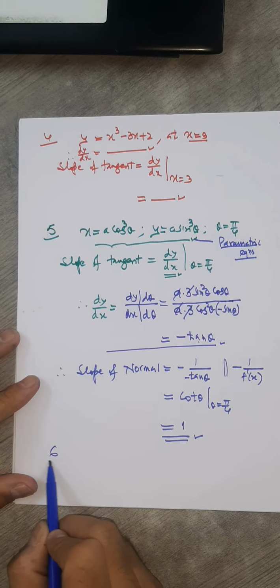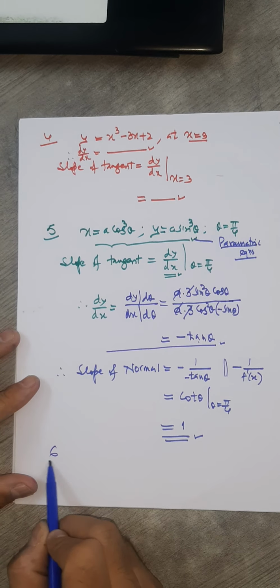Question number 7 here. Find the point at which the tangent to this curve is parallel to x-axis. Okay. You want the point at which the tangent to this curve is parallel. Have you realized? Indirectly you are given the slope of the tangent. This is a good question now.